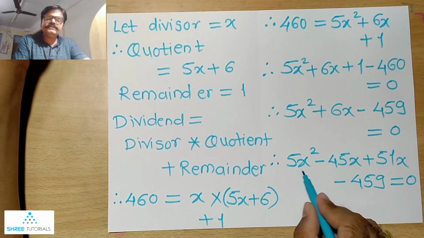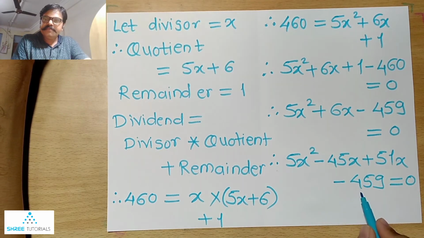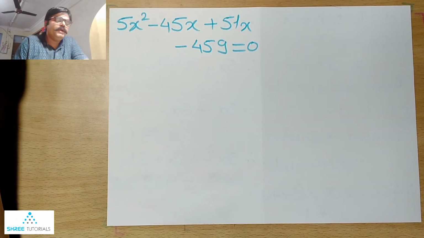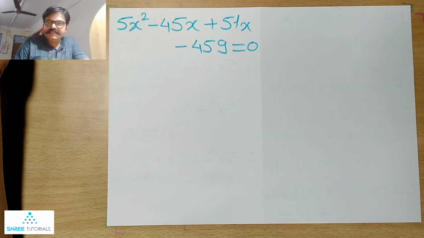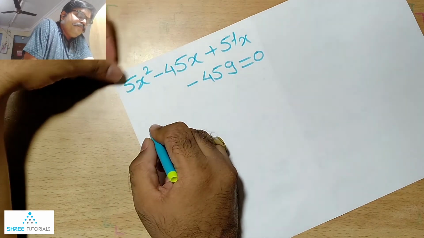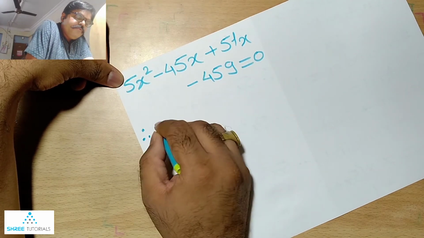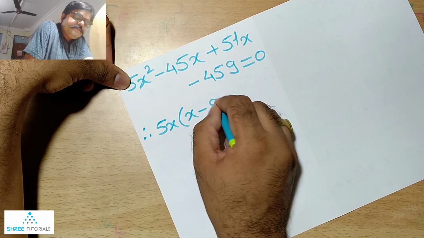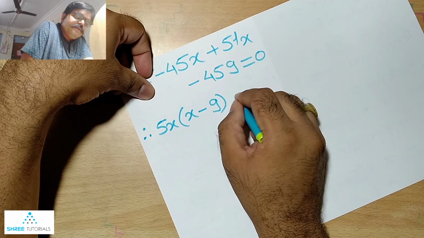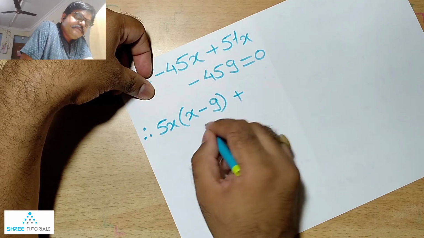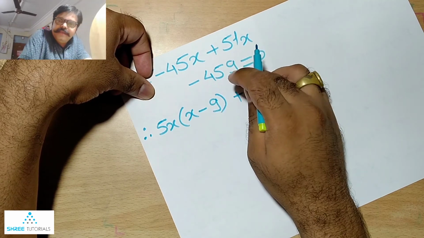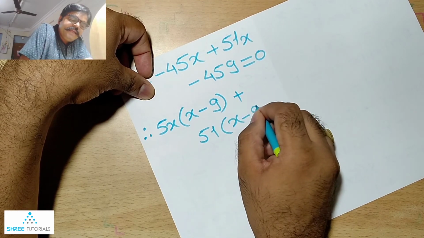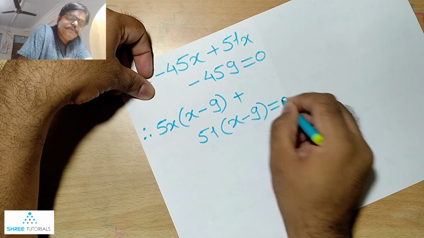Now from the first pair and from the second pair we are going to take something common. So here from the first pair we are going to take 5x as common, and therefore the equation will look like 5x, what remains inside is x minus 9, plus, from the second pair we are going to take 51 common, what remains inside is again x minus 9, is equal to 0.